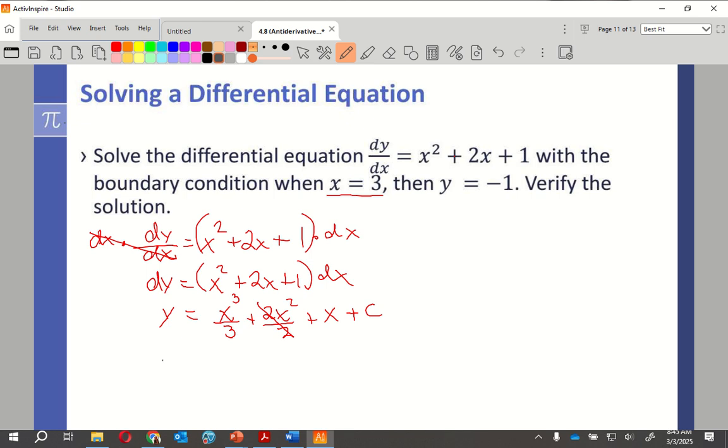Y is -1 equals, x is 3. So this is 3 cubed over 3 plus 3 squared plus 3 plus c. My math, 3 to the 3rd power is 27. 27 divided by 3, oh, stop it. So this is going to give me 27 divided by 3 is 9 plus 9 plus 3.